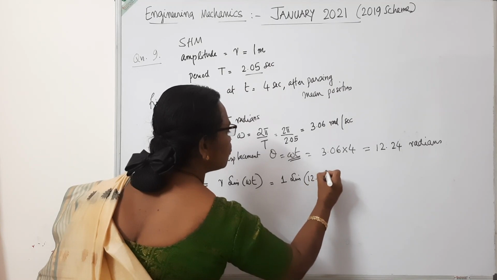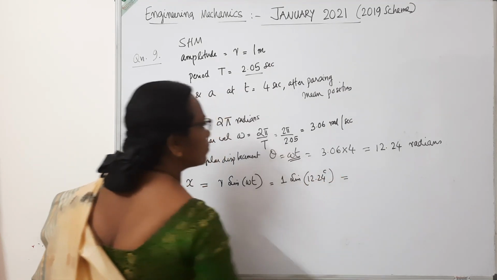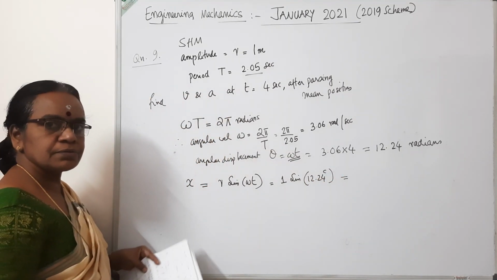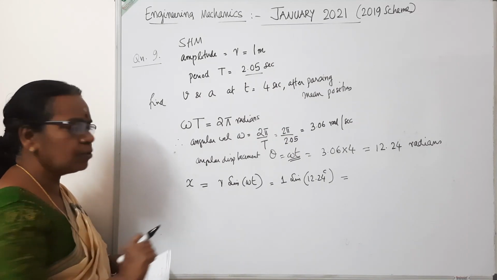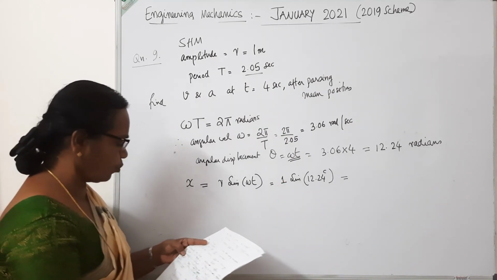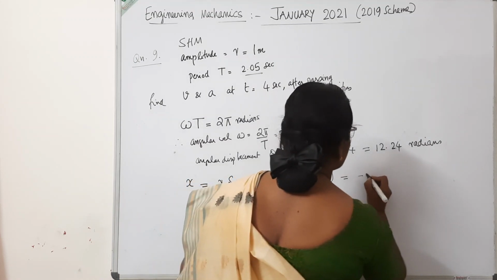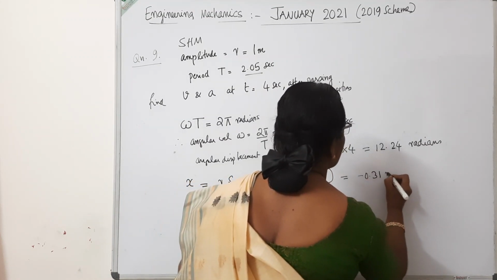This 12.24 should be in radians, so convert the calculator to radian mode. 1 sin 12.24 will give you the displacement, minus 0.31 meter.